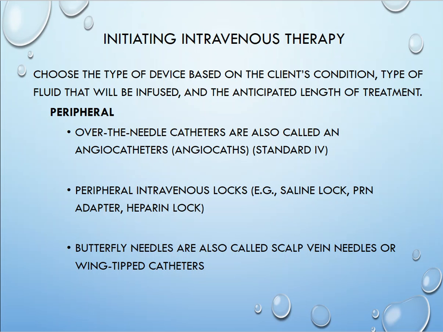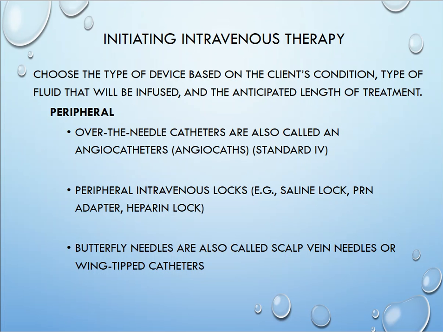So the most common probably is the over-the-needle catheter, which are also called angiocatheters, or you may also hear them abbreviated as angiocaths. And that is when a polyurethane or a Teflon catheter is basically slid over a metal needle.